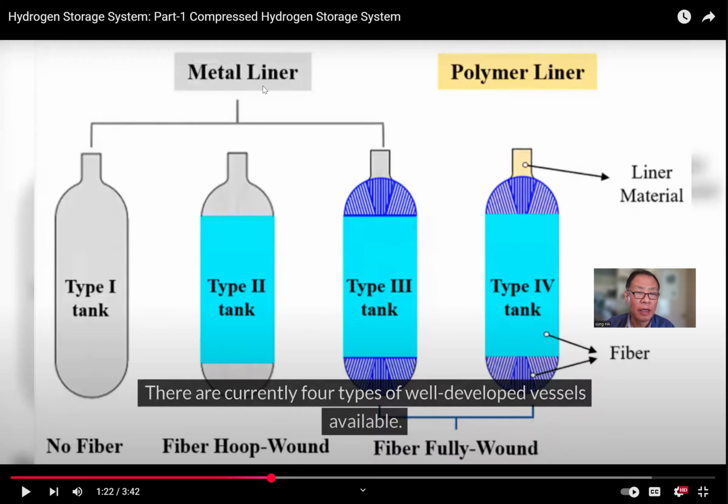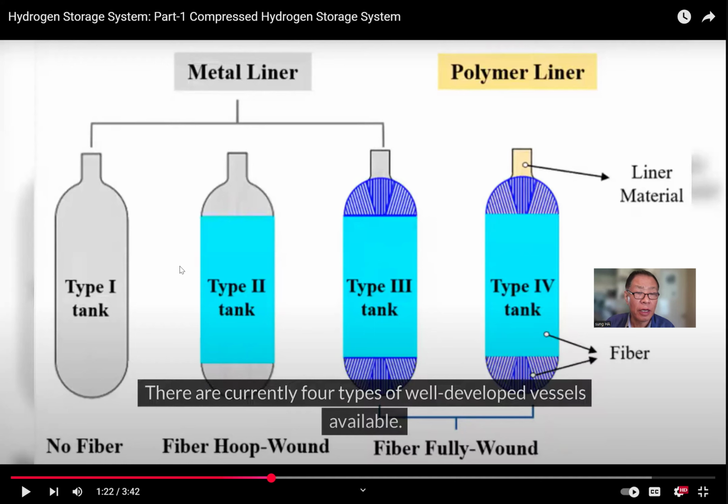Metal liner. What does liner mean? A liner is a kind of container that directly touches the hydrogen gas. Metal liner and polymer liner are very important to understand, with the polymer liner being type 4.